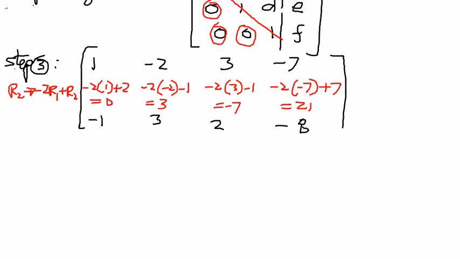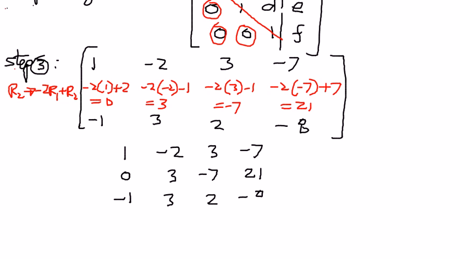So this is what we have, and if we were to write it out in a clean manner, the first row is 1, -2, 3, -7, the second row is 0, 3, -7, 21, and the third row is -1, 3, 2, and -8.